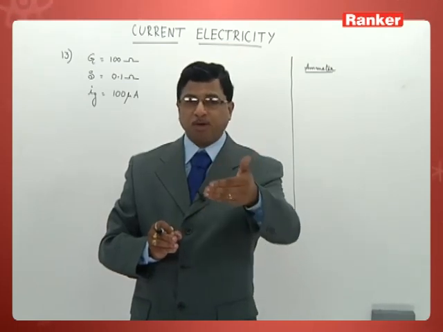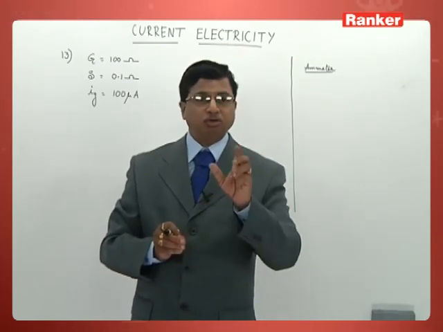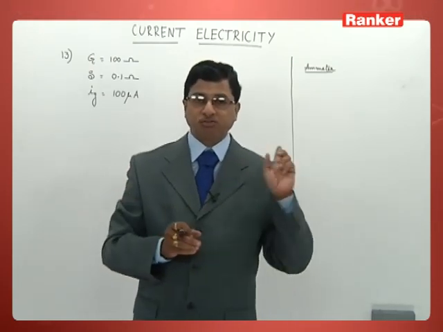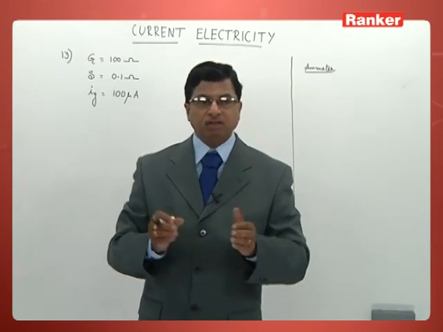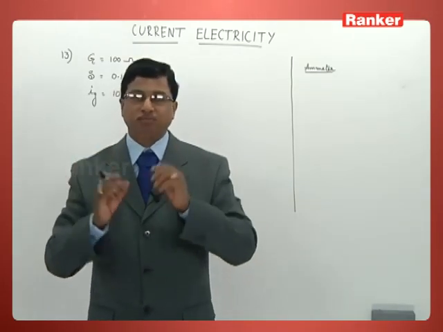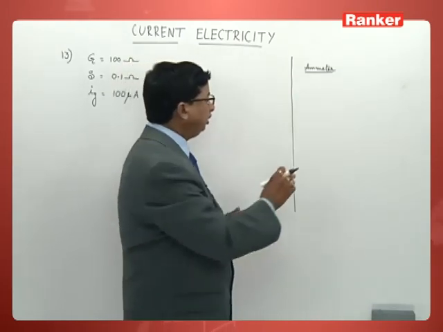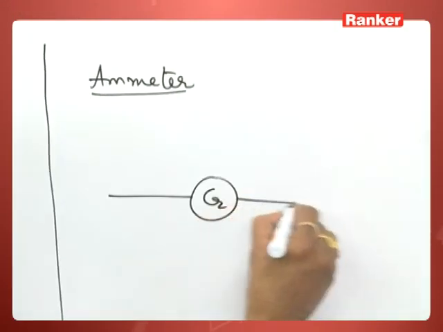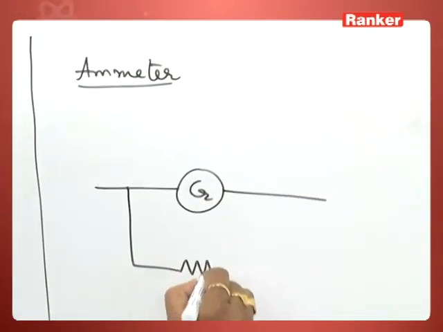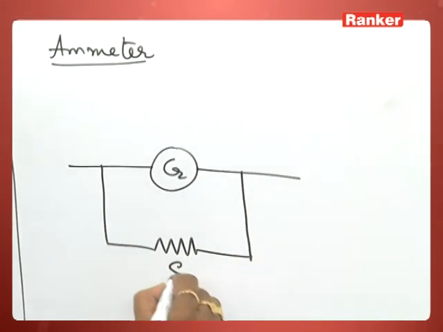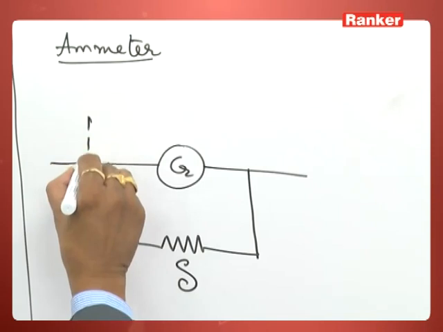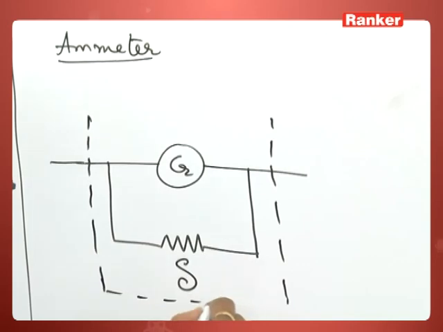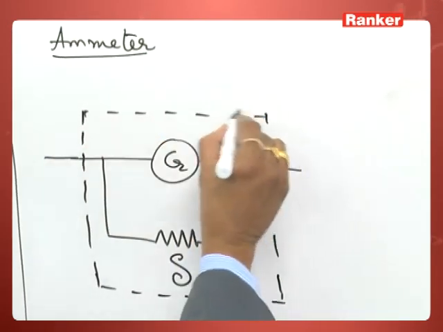Now come to the first part of it. How do we convert a galvanometer into an ammeter first? This question is purely based on that particular concept only. If you take a galvanometer and connect a shunt resistance in parallel, this particular combination, the total construction, is now called an ammeter.